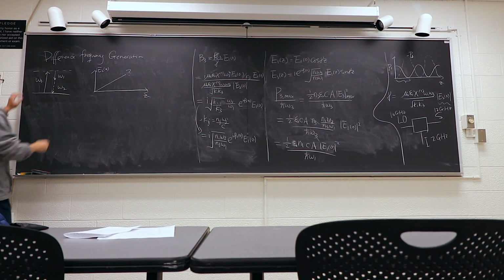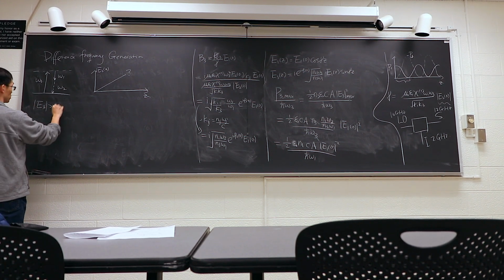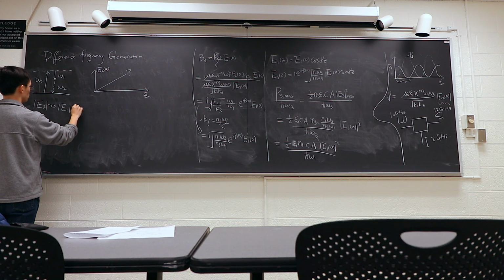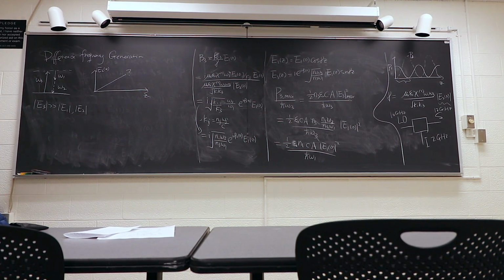Assuming your pump E3 is much larger than both E1 and E2. Okay. Any guess? I mean, you guys should be silent. So, okay, other people, any guess? It's a 50-50 shot. It's either oscillation or keep growing.